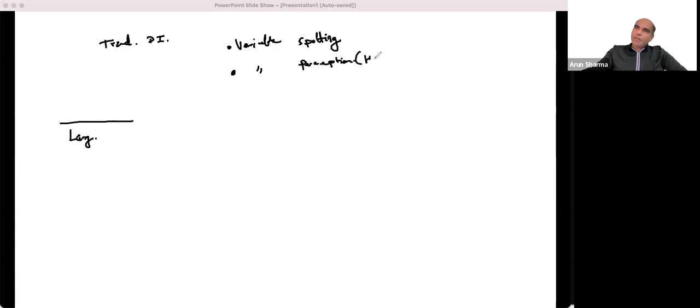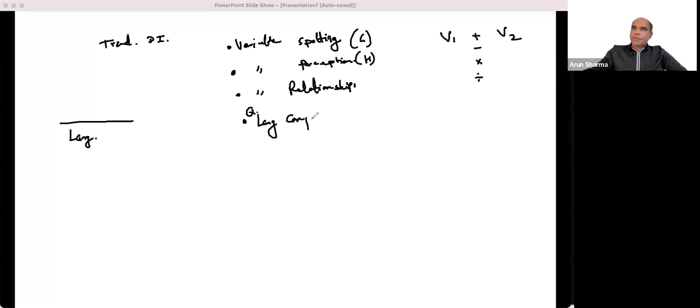So this is for the hidden variables, and spotting is for the given variables. Variable relationships: what are the relationships that make sense between V1 and V2? Is it plus, minus, into, or divided? Only these four will work, right? Variable relationships. Question language comprehension. And finally, data extraction.